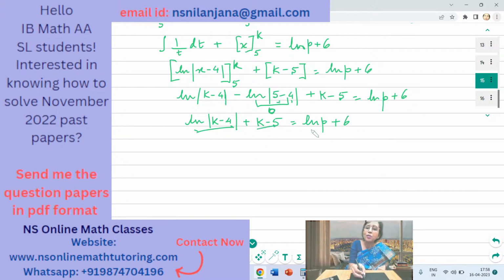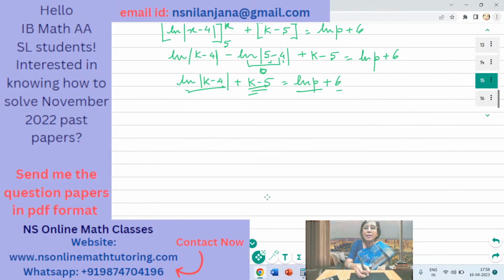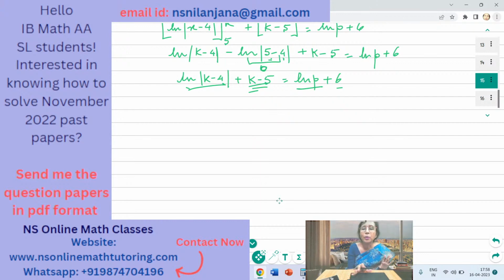The right side is also containing ln of something plus a number. So why don't we equate the two numbers first of all? That is why I say just don't leave it at that moment. Okay, we are having only a single equation and two variables, not solvable. No, it may be solvable.